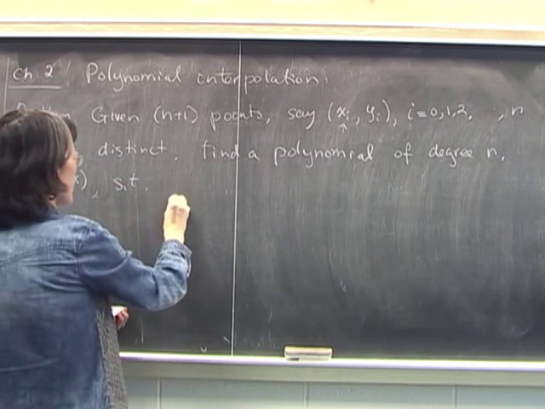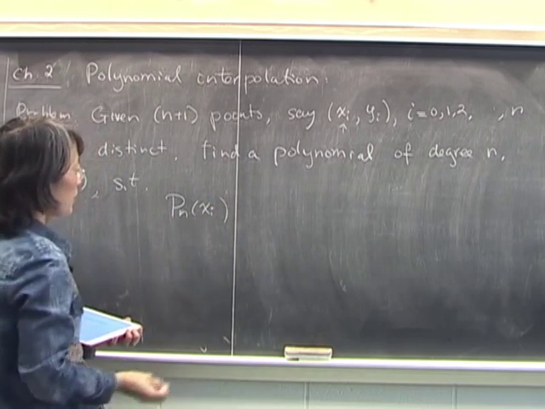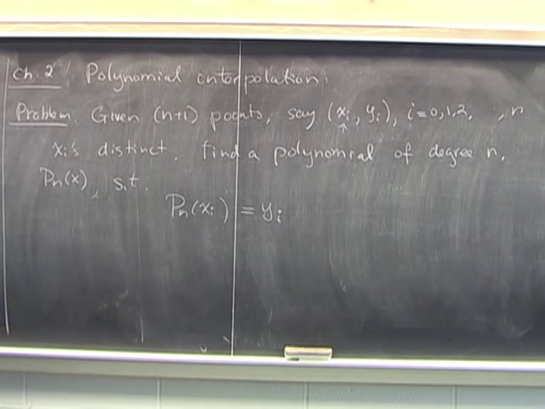So what does it mean? That means if I put in xi, my polynomial returns the value exactly yi. So if I plot it, the polynomial will exactly go through my n plus 1 points. Is that clear?